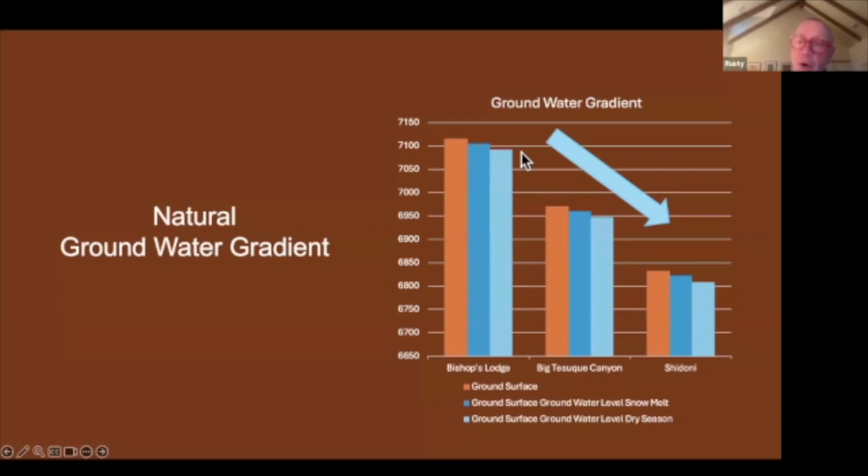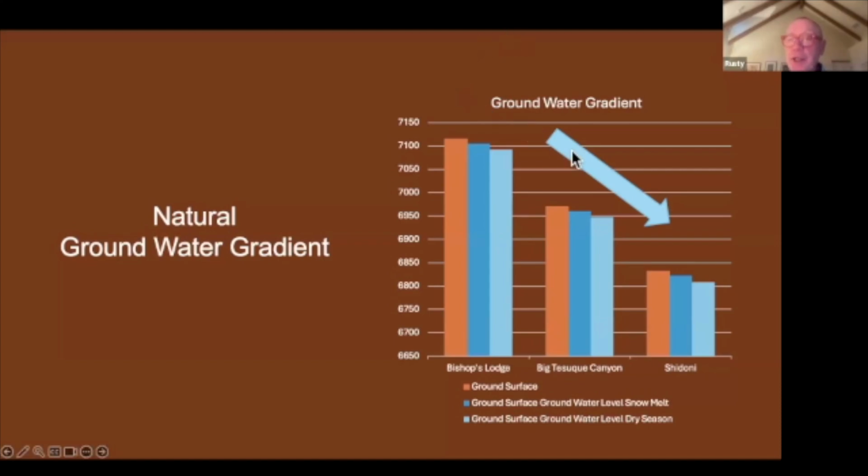And all of that water, all of the volume of water in the mountains above Bishop's Lodge, on the hills on which Bishop's Lodge and the hills and villas sit, of the surrounding ravine, all of that is pressuring the water down to the lower gradient.